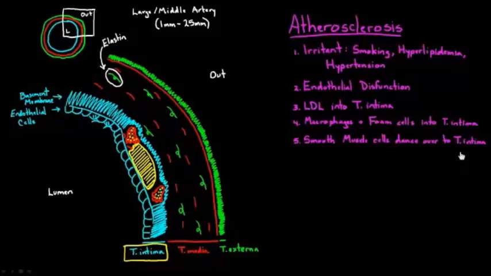But basically what happens is that these cells, these red smooth muscle cells, are going to start migrating or moving. They're going to start migrating into this space. Maybe that one will go over there. Maybe this one will go over here. Perhaps this one.